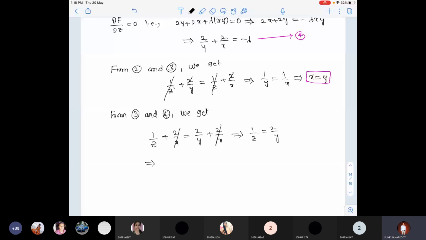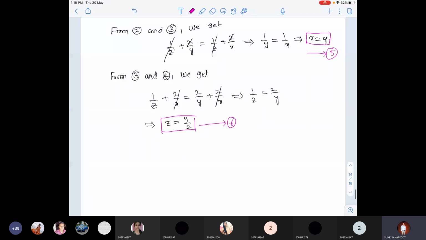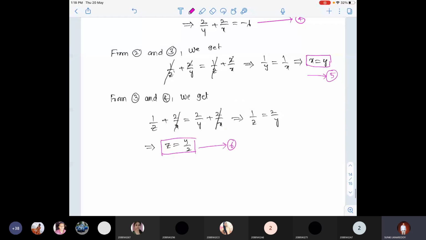Keep it with you. Then we can do the next step. You can take this one, x equal to y, as equation number 5. Equation number 5 it is. Next it is equation number 6, z equal to y by 2. After that we can use 5 and 6 in equation number 1. What is equation number 1, Nana?